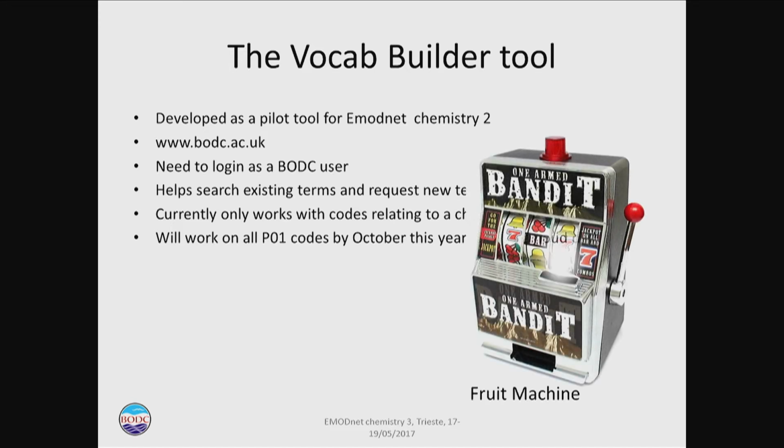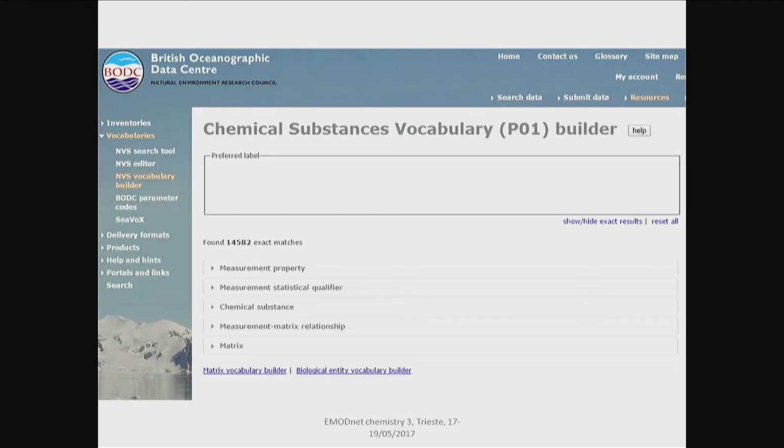So this is the equivalent of, you might have heard about the one-arm bandit. There's a fruit machine. So basically, you just go through your different wheels, and bingo, you've got a code, or you need to request one. So this is the way it looks at the moment.